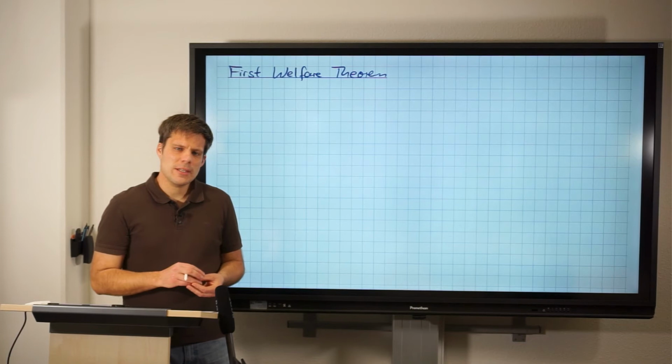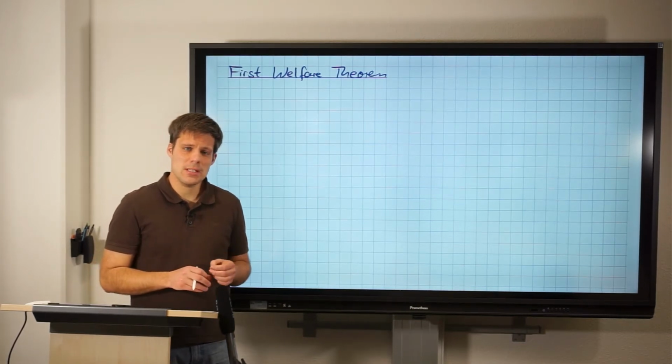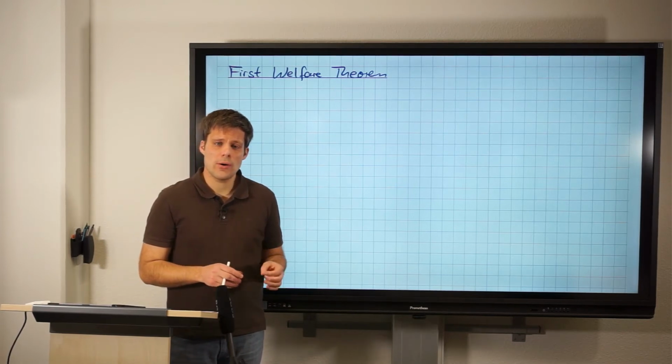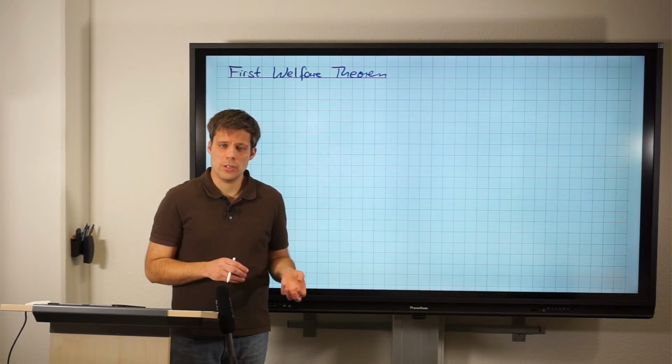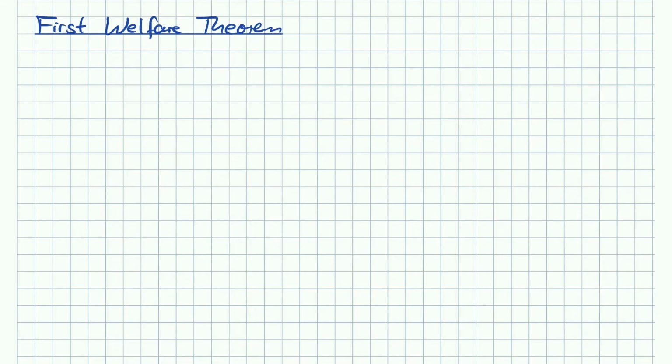The first result that we will be proving now is the first welfare theorem, which states that Walrasian equilibria are always socially optimal, meaning that they maximize social welfare. Let's write this down.